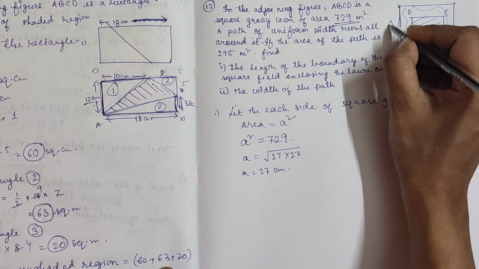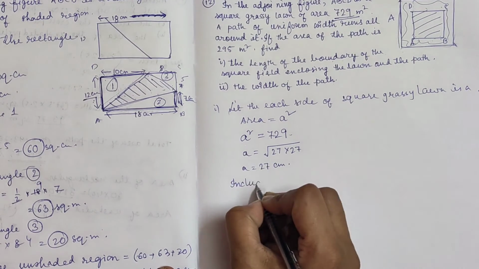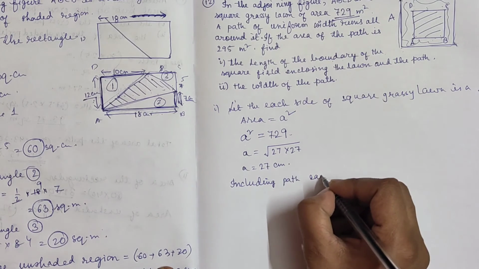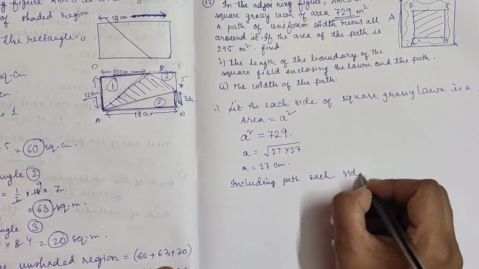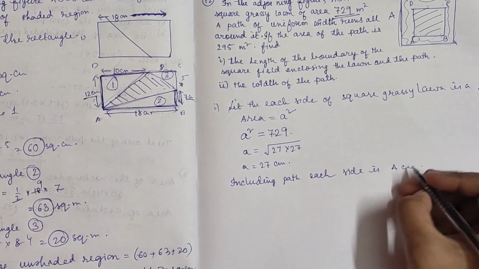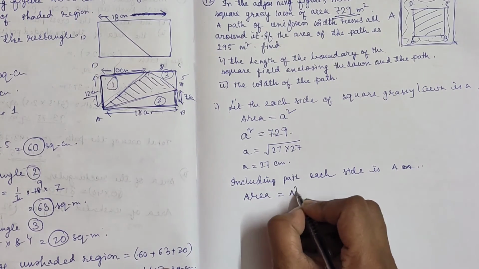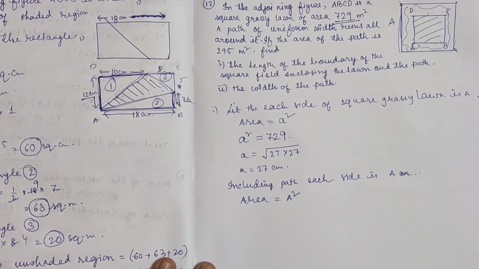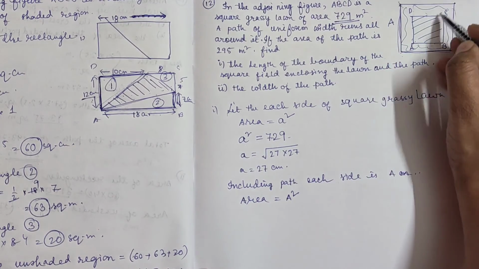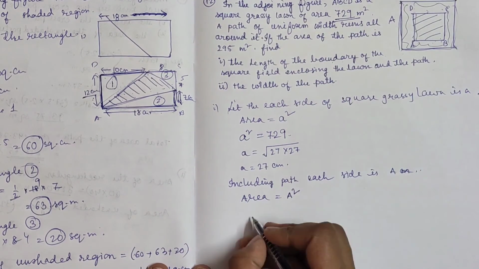I'm considering this as capital A. Including the path, each side is capital A centimeter, so the area will be A square. Now to find the path, we have to subtract the area of the small square from the area of the big square. The area of the big square is A square.